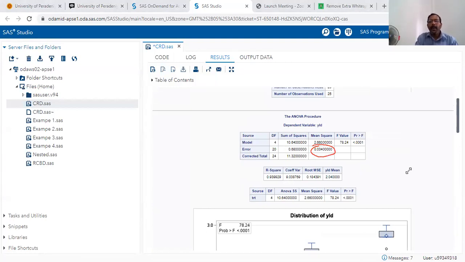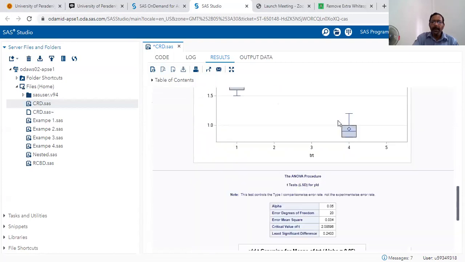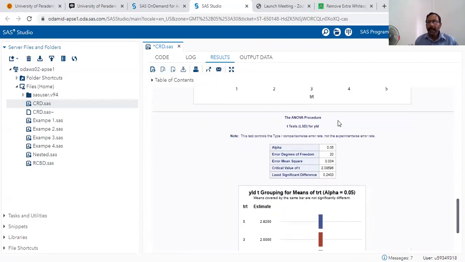That is my mean square of error. Mean square error is from the ANOVA table, right? Degrees of freedom is also from the ANOVA table. This is alpha.